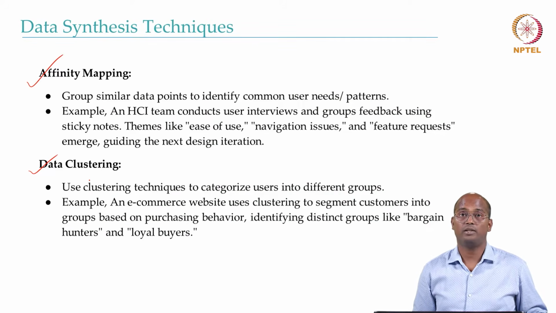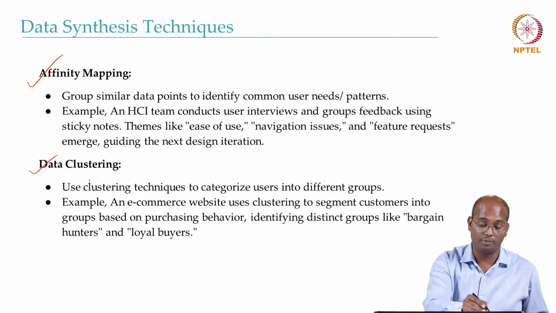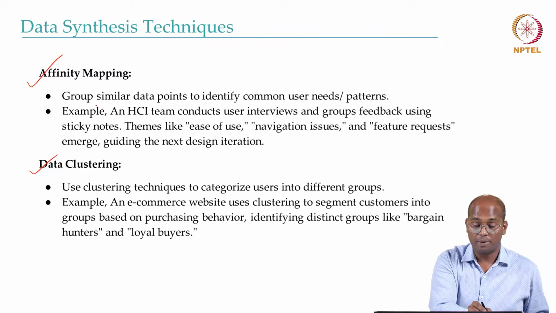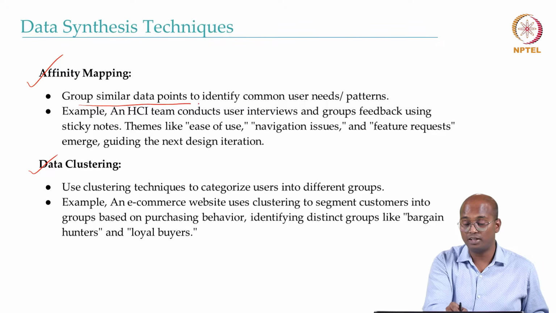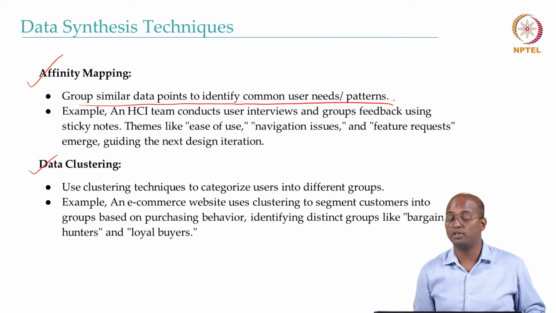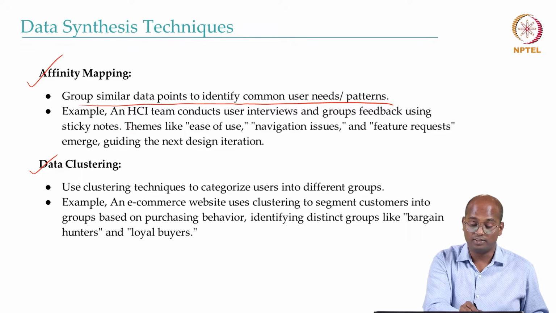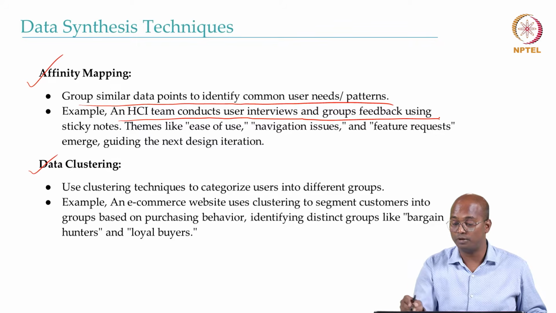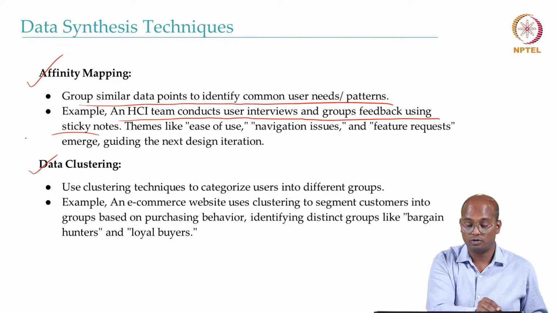There are several popular techniques for data synthesis: affinity mapping and data clustering. In affinity mapping, it groups similar data points to identify common user needs and patterns. For example, a UX team conducts user interviews and groups feedback using sticky notes.